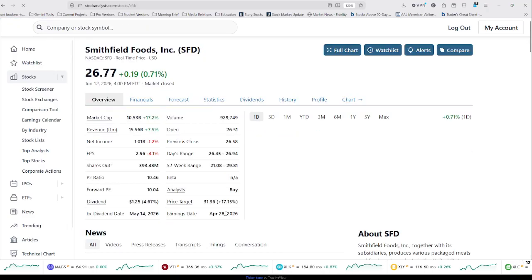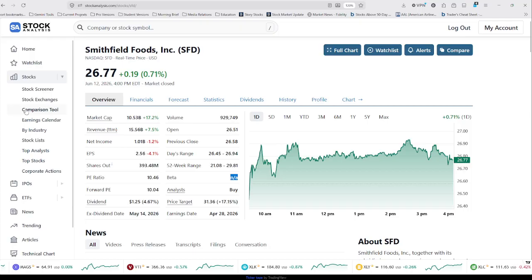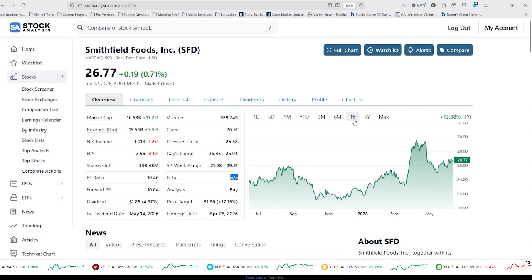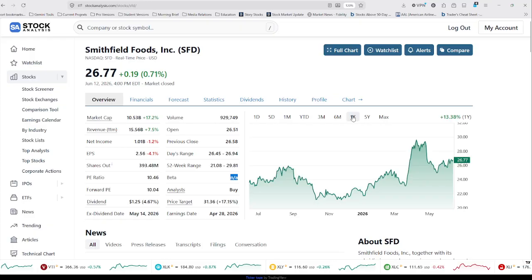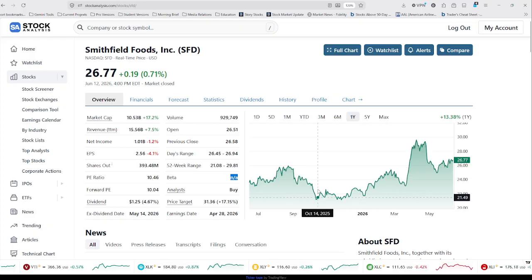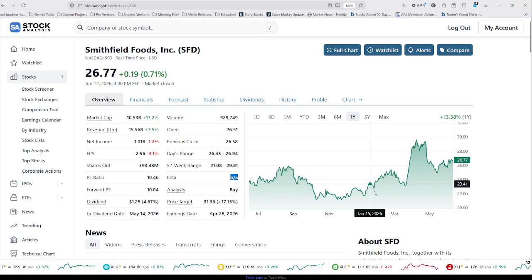Okay, so yeah, I believe they have a negative beta because right here it says /NA. So this is telling me that in a lot of cases, this company goes in the opposite direction of the market. So here they go in 2025, all the way through the end there.